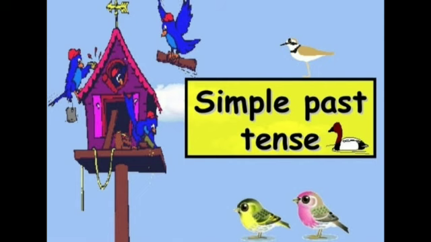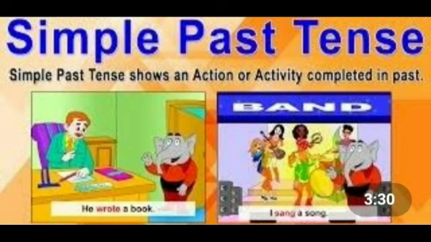Our next topic is simple past tense. In simple past tense, it shows that the action has been completed in the past. Simple past tense shows an action or activity completed in the past.